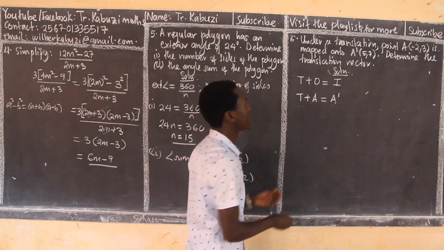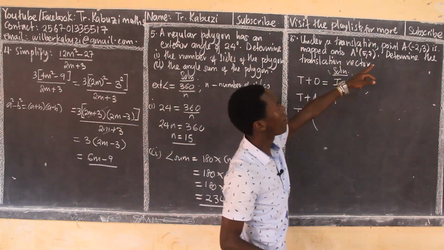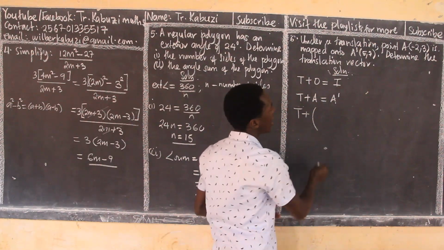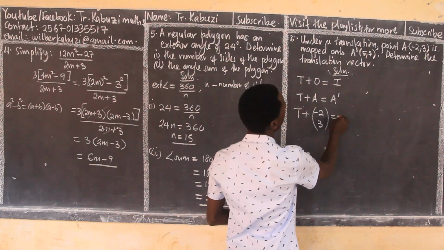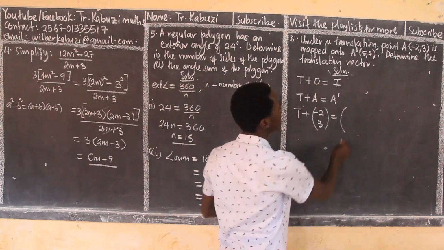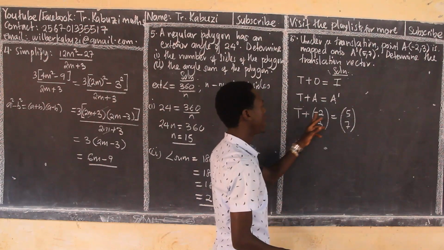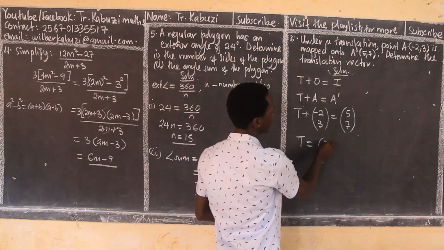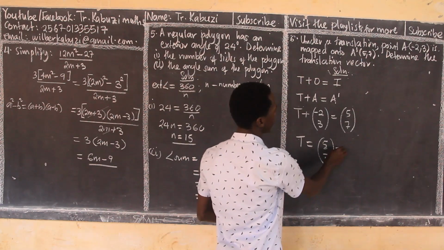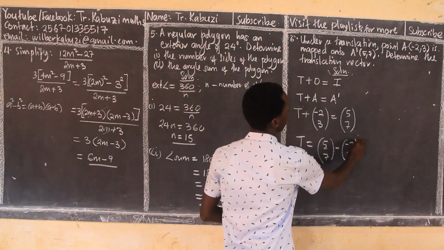Now we just substitute, so our translation plus, now you write this coordinate as a column vector. So 2, 3, write it as a column vector. It will be equal to our image, which is 5, 7. And you see that I take this side, my translation vector becomes 5, then this 3.